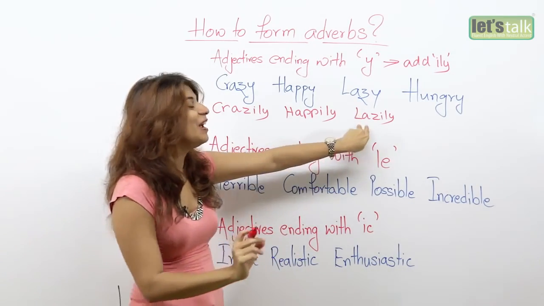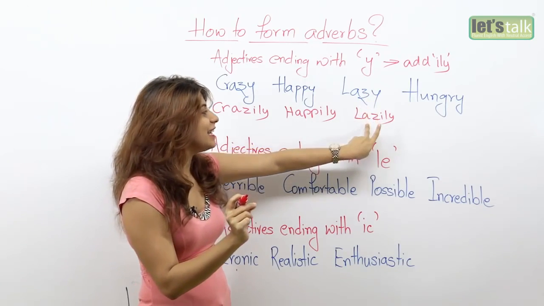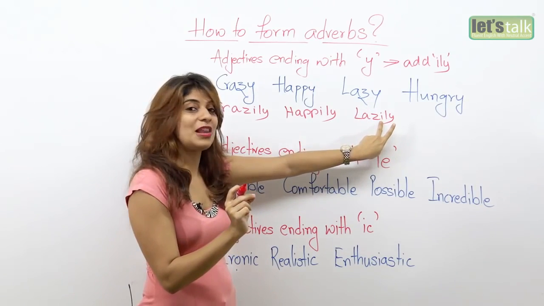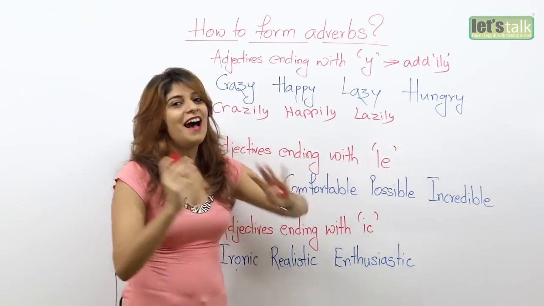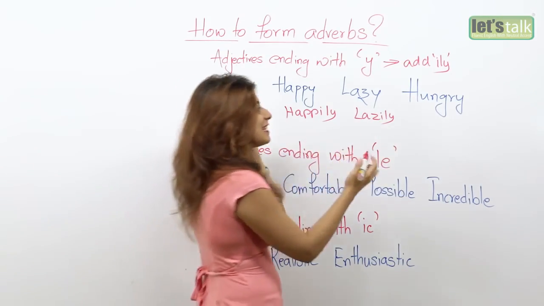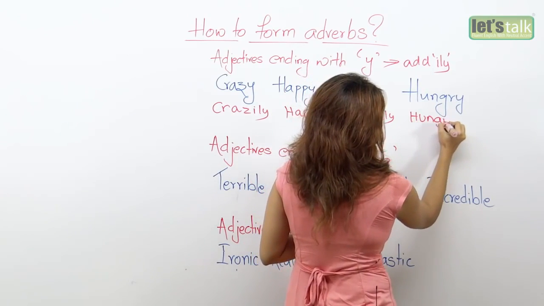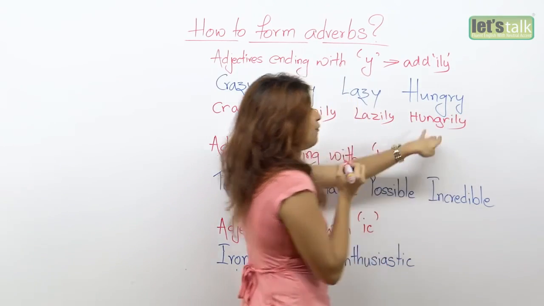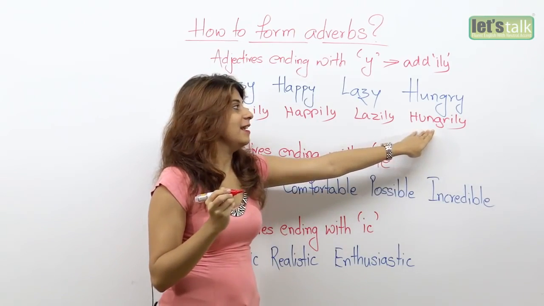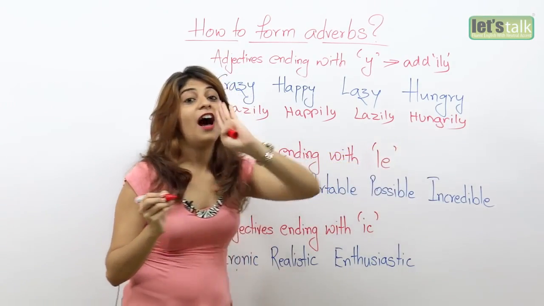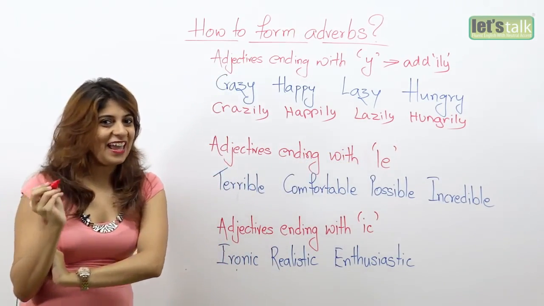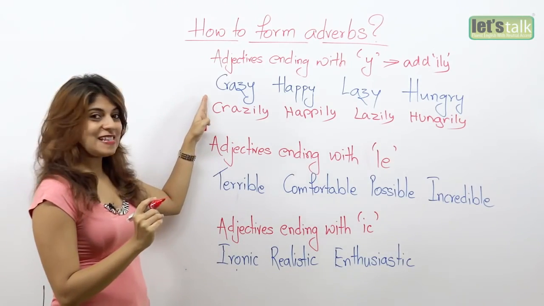Okay, so here your adverb is lazily, wherein you get rid of the letter Y and you add ILY. And the last example here is hungry. So your formed adverb would be spelled HUNGRILY. Okay? So, hope this is clear to you.